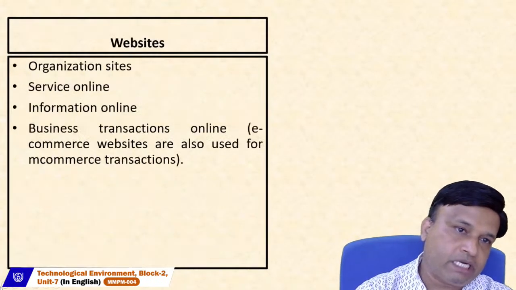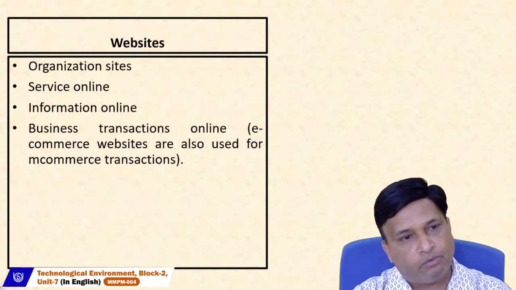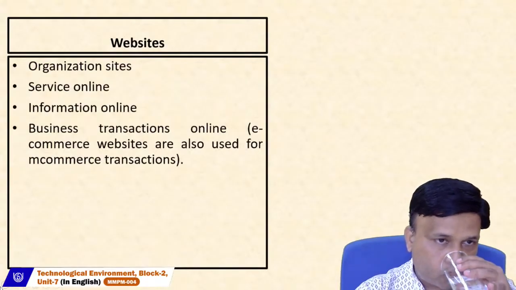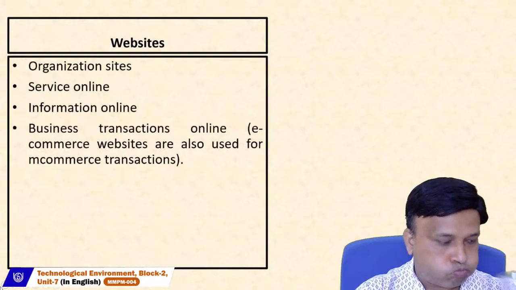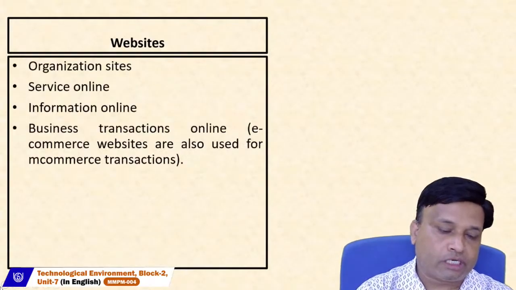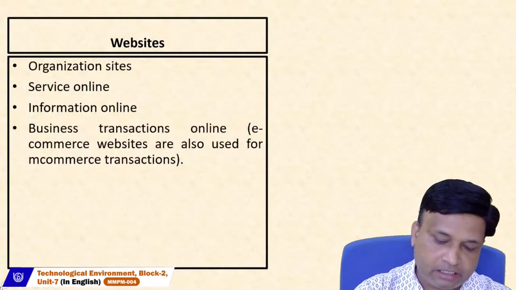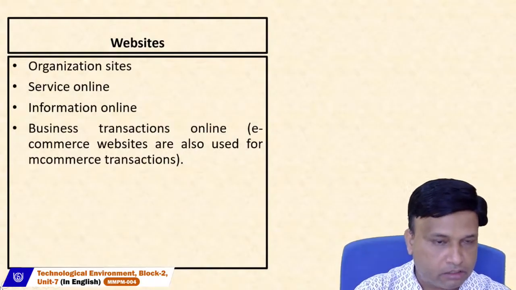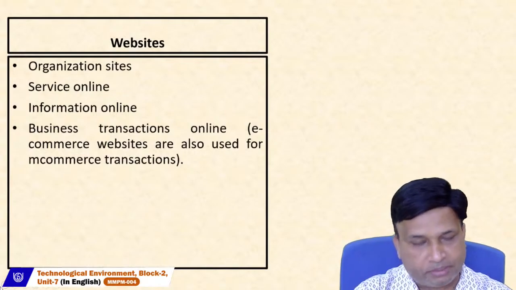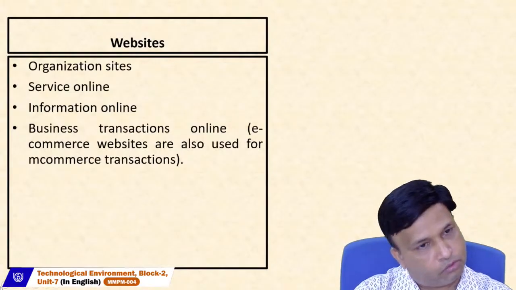Then we talk about websites. When you have a website, it helps you to know the organization, what the organization is offering, which kind of products. That can be accessed through the website of the organization. Service online: you can deliver your products as services.